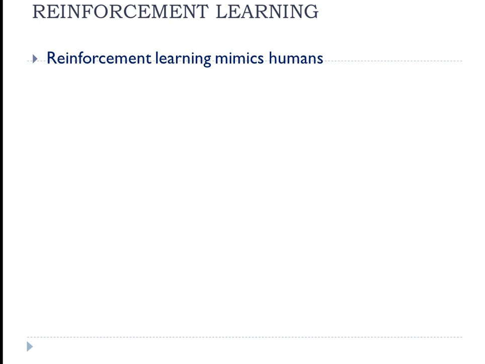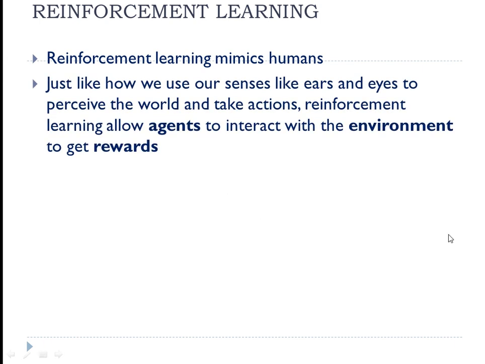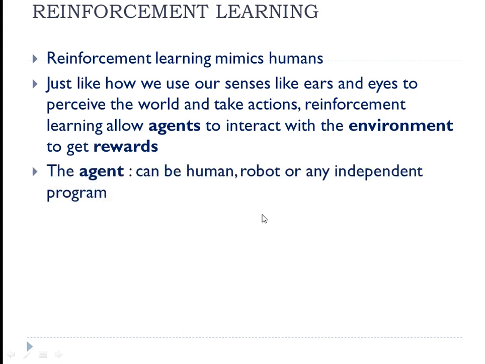In reinforcement learning, it mimics human behavior, just like how our senses work. We perceive the world through our sense organs, and we allow agents to interact with the environment to get rewards. Now you have to note down these four important terms: agents, environment, rewards, actions. So what is an agent? An agent can be a human, or it can be a program which you are developing.